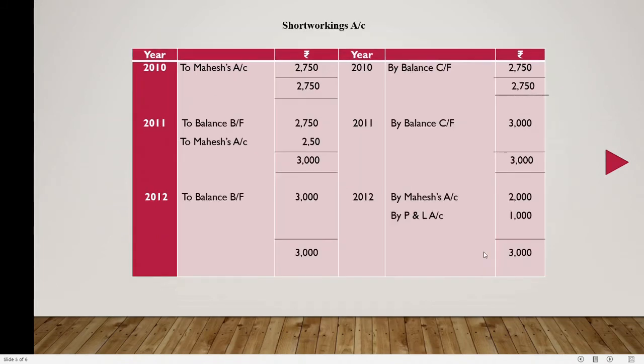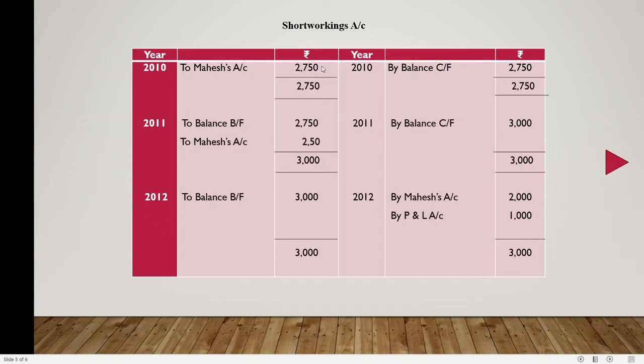Next, short workings account. For royalty due, the entry is royalty account debtor, short workings account debtor to lessors account. So on the debit side of short workings account, write down to Mahesh account.